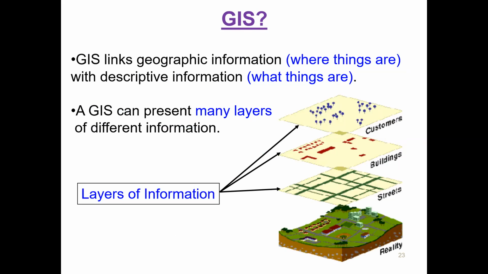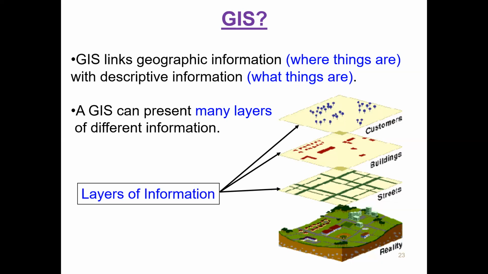Okay, where and what are two very interesting words that are often answered through a GIS application. GIS stores all of this information or data in the form of thematic layers. As you can see, we have a layer on customer, building, streets, and so on.